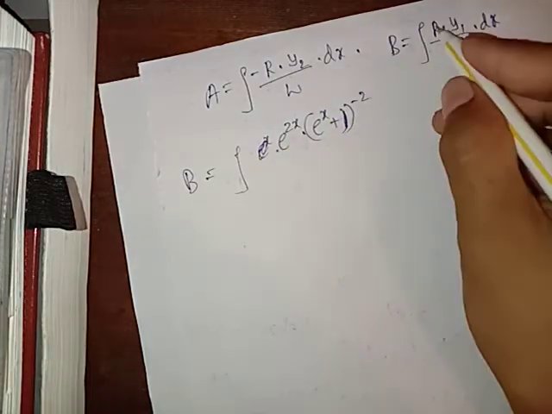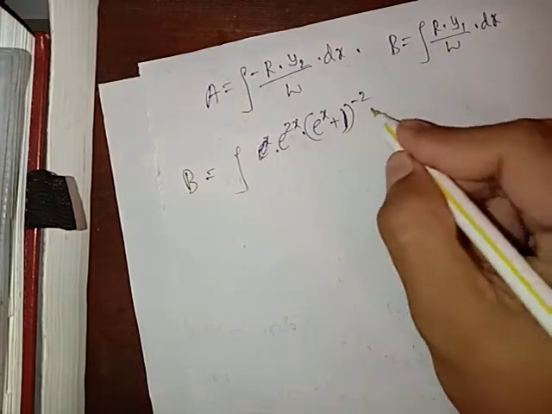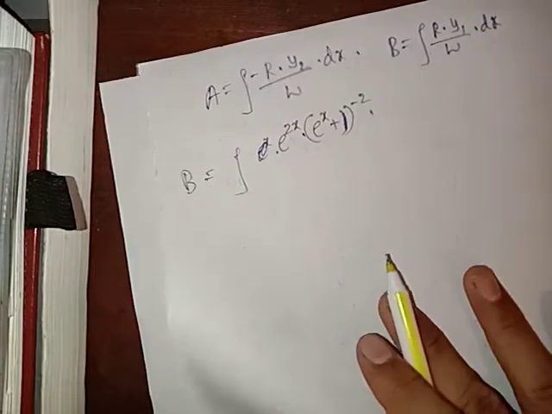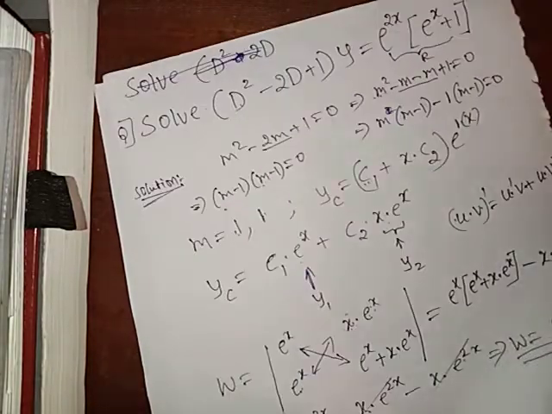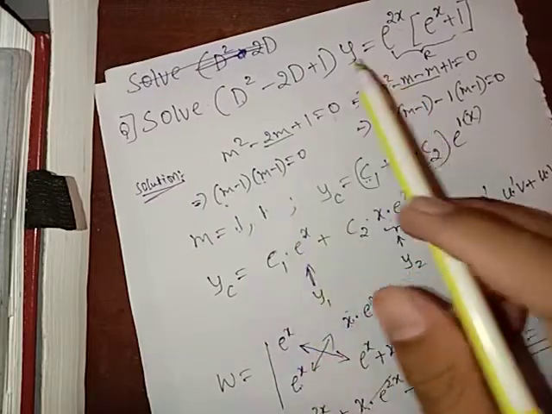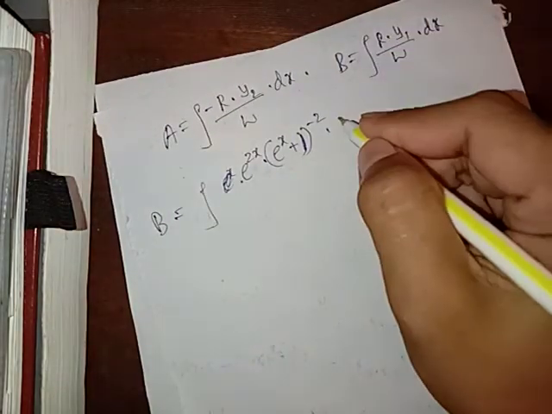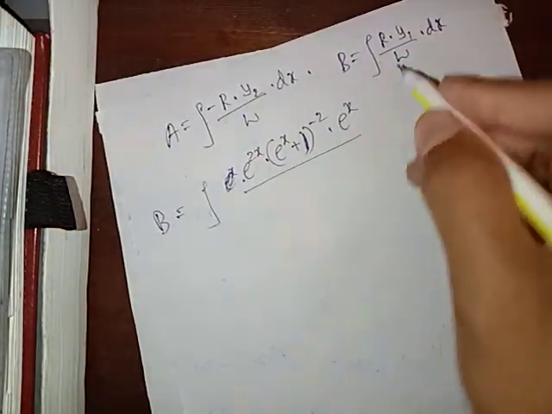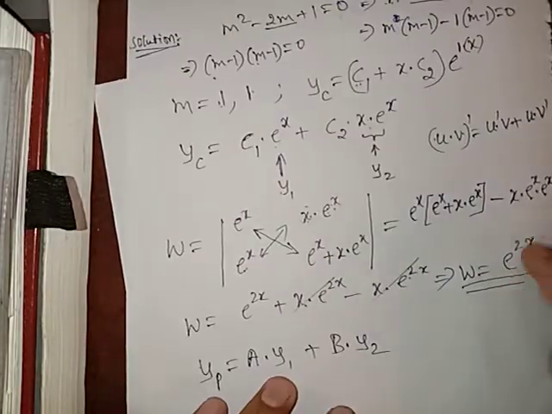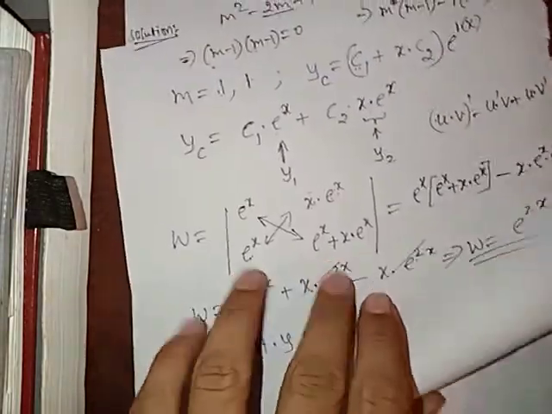This is in the place of r here, and in the place of y1, exponential of x. In the place of w we have exponential of 2x.